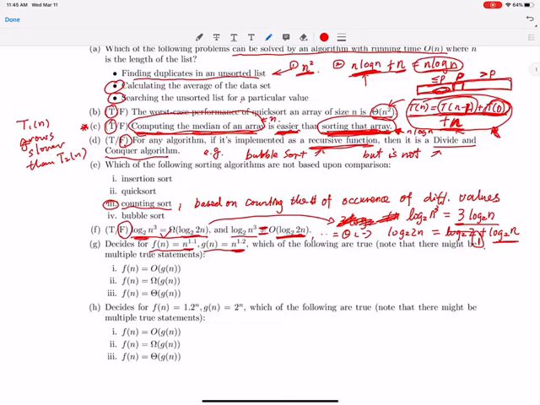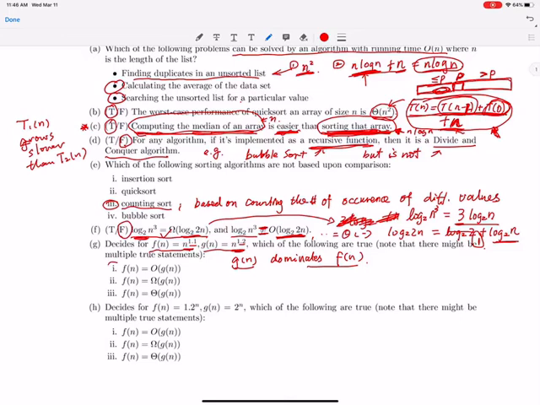In that case, remember the rule is to look at the exponent. So 1.2 is larger than 1.1. That means g of n dominates f of n. Okay, so whenever you have this, the following is true.